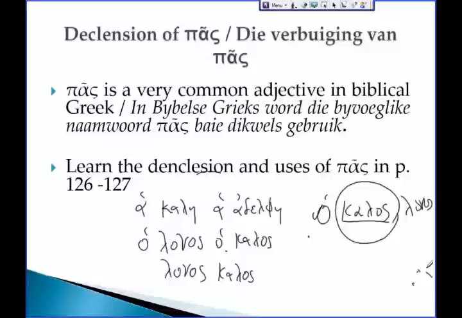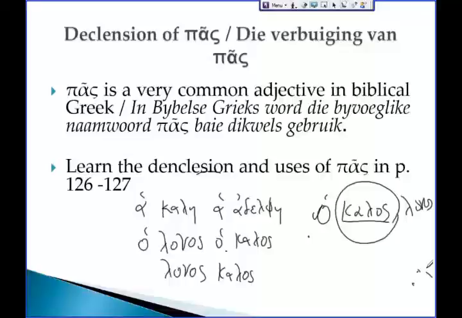If you parse the word, will you use the dictionary word for every or each, or can you use all when you parse? Yeah. Pas is not a noun, it's an adjective. Okay? Yes. You use the dictionary form, which is pas. So let's say I underline pantes. Then you will tell me it's an adjective, all right?